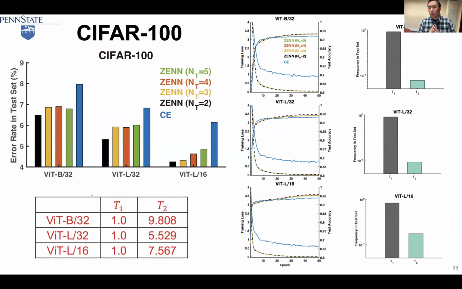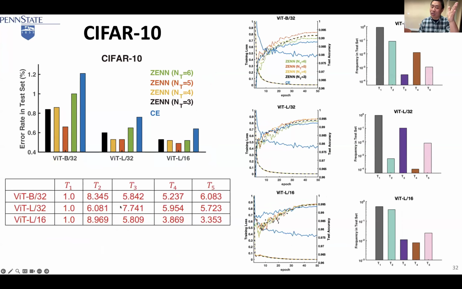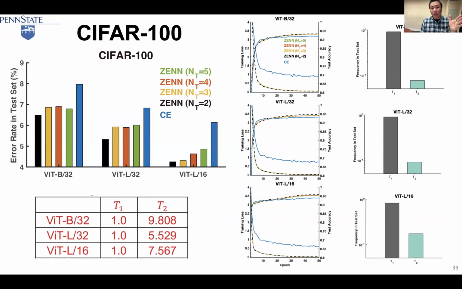You don't need to concentrate on how much the temperature is, because the temperature is relative. There is no way you can define temperature exactly. T1 is given: if you only have one temperature, we set T1 equals 1. But for the next one, how you compute it really depends on a lot of things.